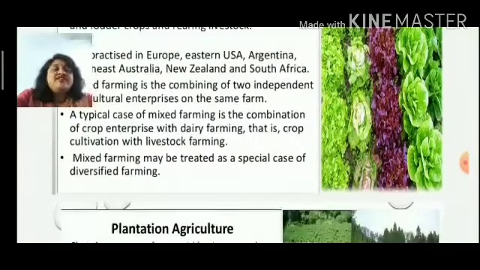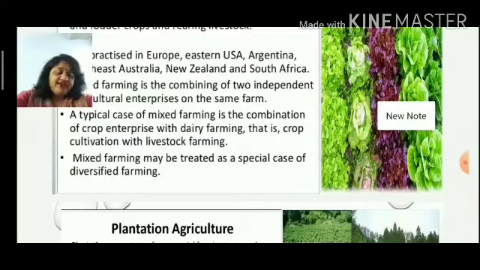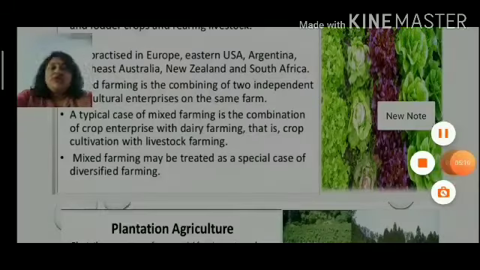Last one is mixed farming may be treated as a special case of diversified farming. Means we are mixing, we are combining two different, or we can say independent farmings. Okay, we are combining two diversities.